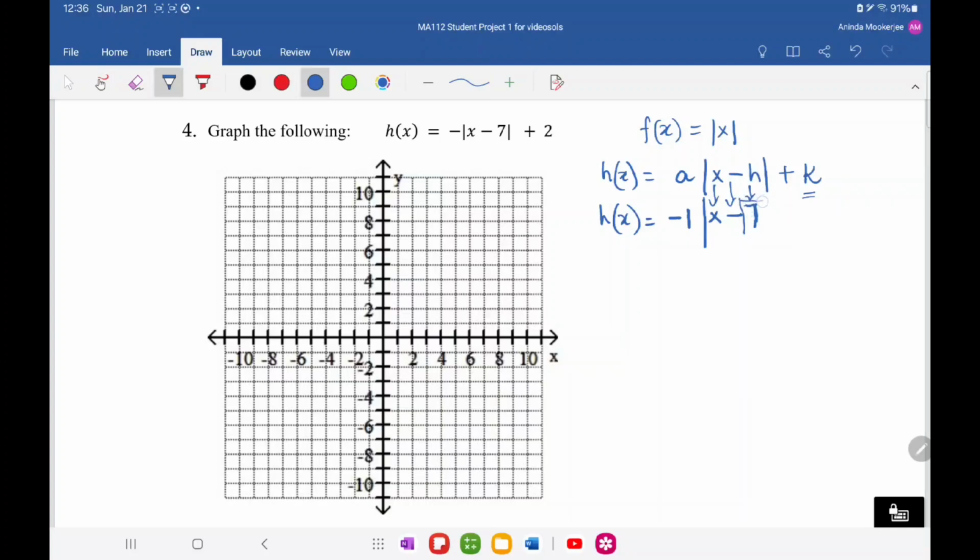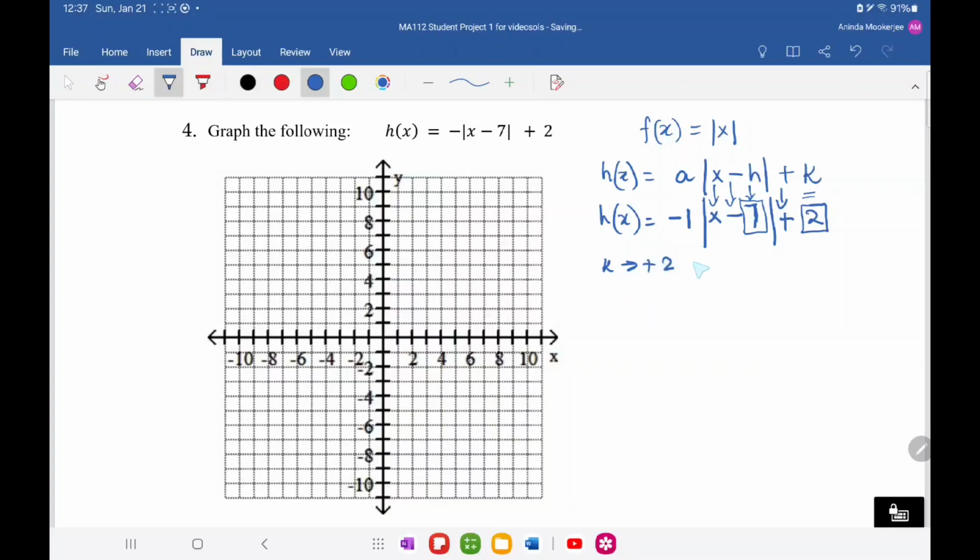And then the absolute value, and then plus, that matches the form as well, and 2. All right, so we see k has a value of +2. So let's pick the values now. K is +2.